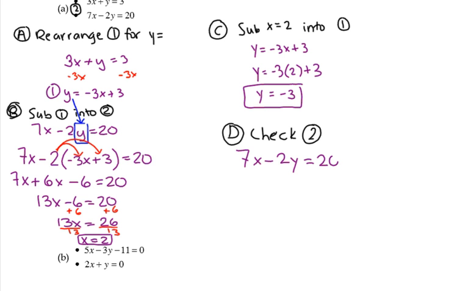So let's plug in both our numbers. 7 times 2 minus 2 times negative 3 has to equal 20. 2 times 7, 14. What's negative 2 times negative 3? Plus 6. 20 equals 20.